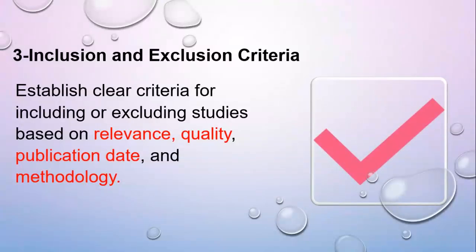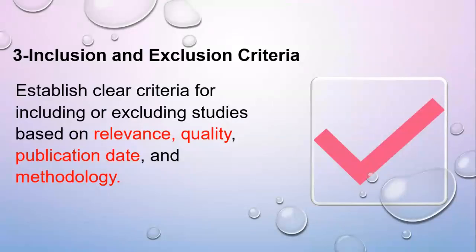Another thing that you should consider in doing your literature review is to build inclusion and exclusion criteria. This is also related to relevance, looking for relevant material and reliable sources for the literature review. For example, establish a clear criteria for including and excluding studies.